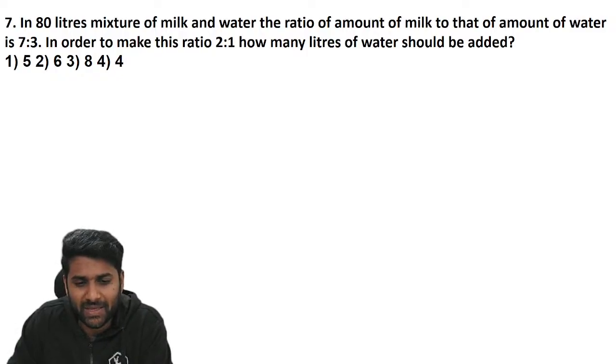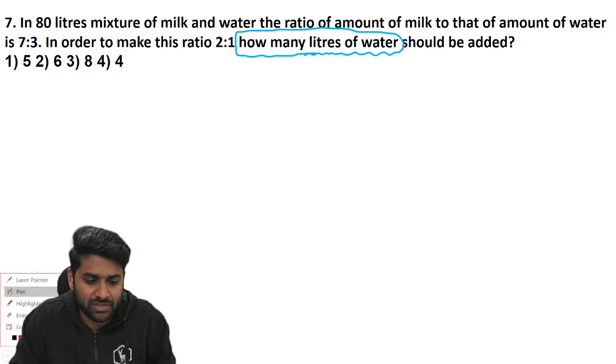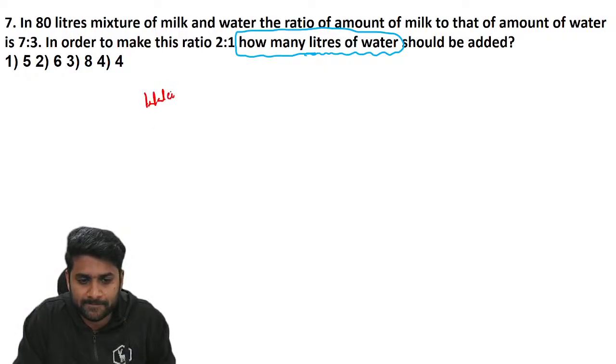In order to make the ratio 2 is to 1, how many liters of water should be added? See, we are adding water. Remember this point. Let us solve this question in terms of water.